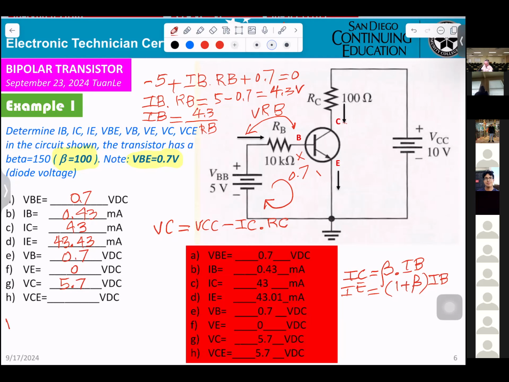Now if you want VCE, basically by definition, VCE is VC minus VE. VC 5.7 minus 0, that you get 5.7.